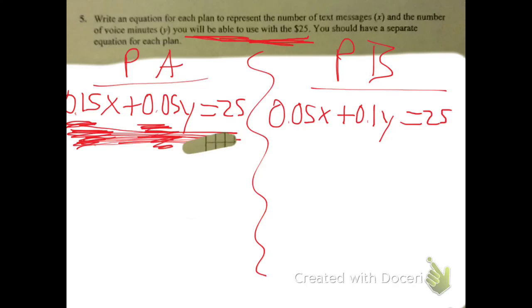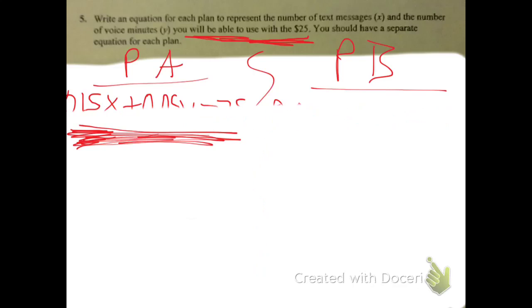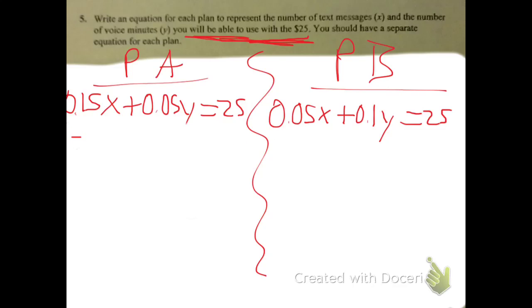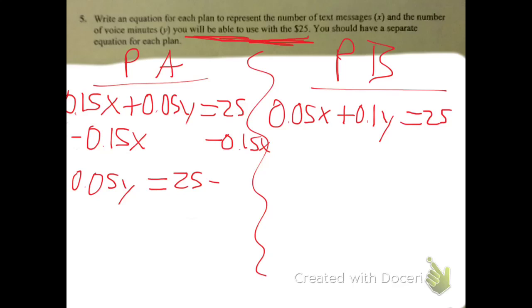To solve our equation on the left side for y, you got to get rid of the x. So you have to subtract the x stuff from both sides, and now you got 0.05y equals 25 minus 0.15x.